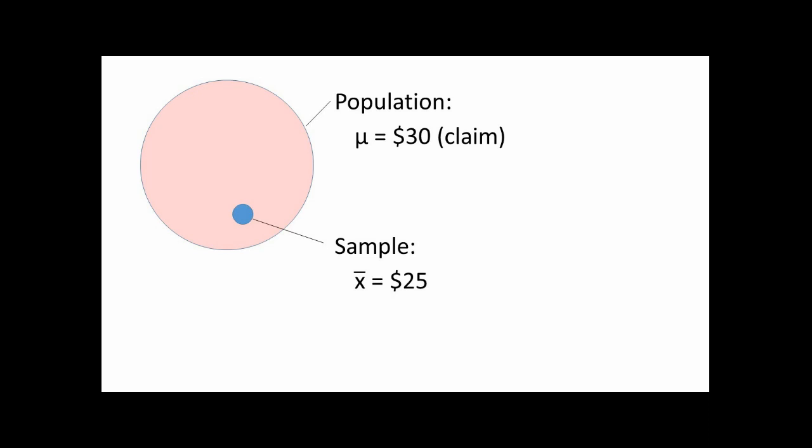And then we compare that to our tolerance level, called a level of significance. If the probability of getting a sample of $25 is low, we have less confidence that our claim was correct. But if the probability of getting a sample of $25 is reasonable, then we have more confidence that the claim could be correct. This can go the other way too.